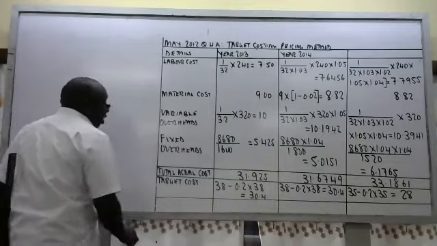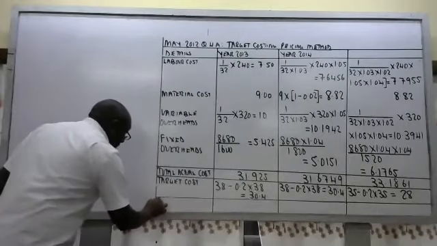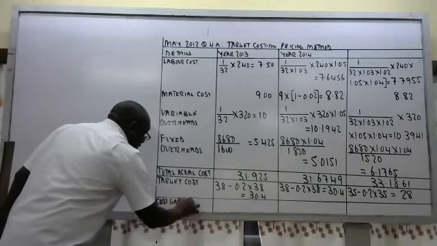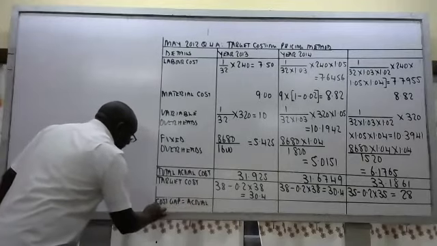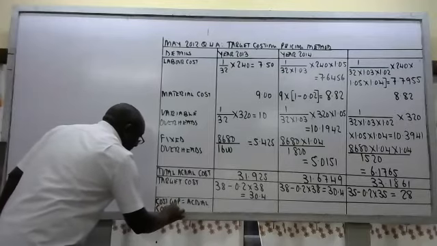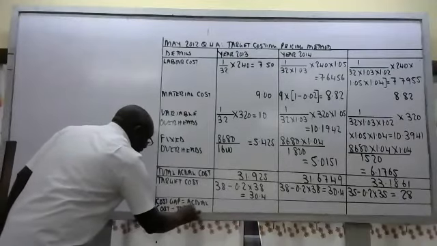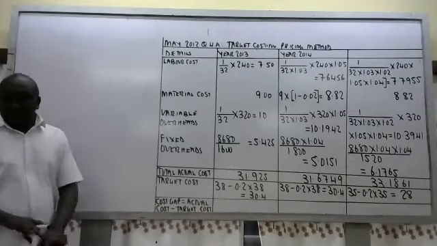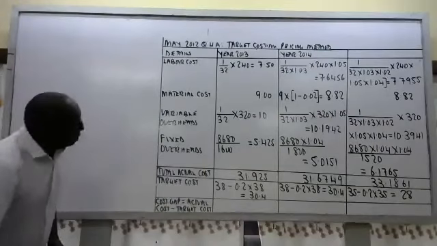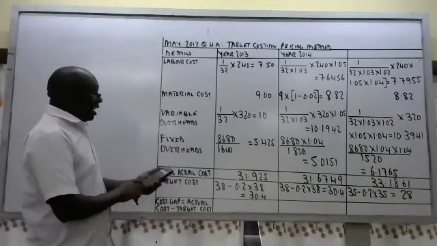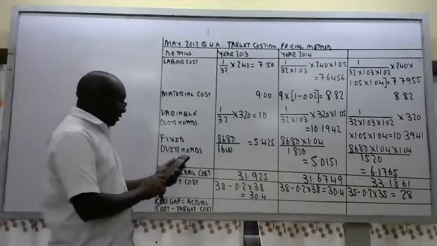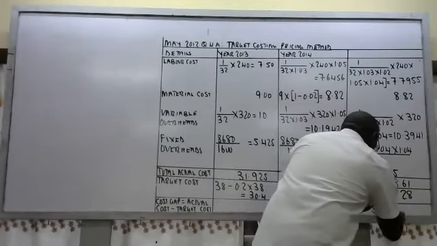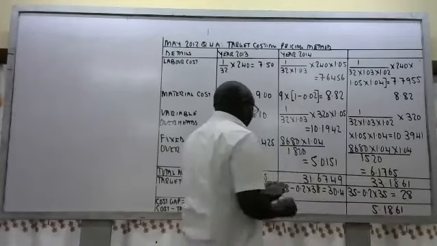Then there is what we call the cost gap. And cost gap, I told you, is the actual cost minus target cost. So kuanzia huko, 33.1861 minus 28 is 5.1861.